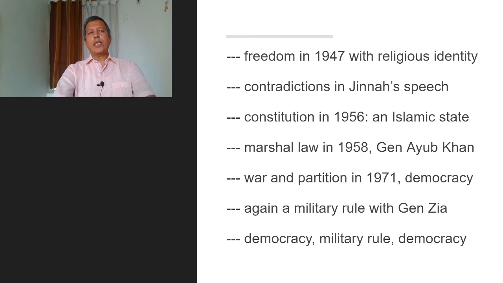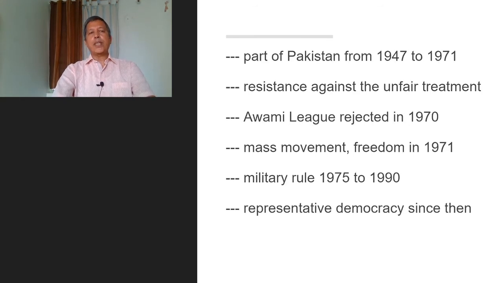So we'll come to the next country, and that is Bangladesh. As we have discussed the history of Pakistan, Bangladesh was a part of Pakistan from 1947 to 1971, and it became independent because right from the beginning, when Pakistan was made, the people in Bangladesh felt that they were receiving unfair treatment.